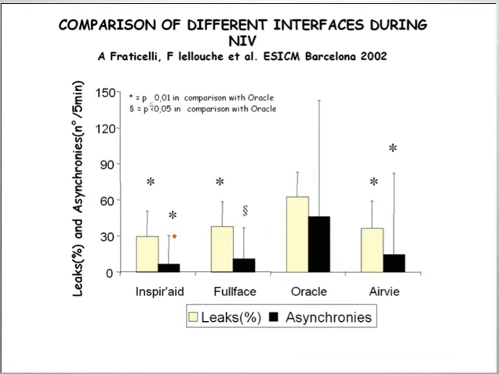You see that leaks, despite very careful conditions, were around 30%, which means that 30% of the inspired volume was only leaks going out and not to the patient. You see also that the amount of asynchrony measured every 5 minutes was quite substantial, and clearly the oral interface was less efficient than the others and increased leaks and asynchronies.